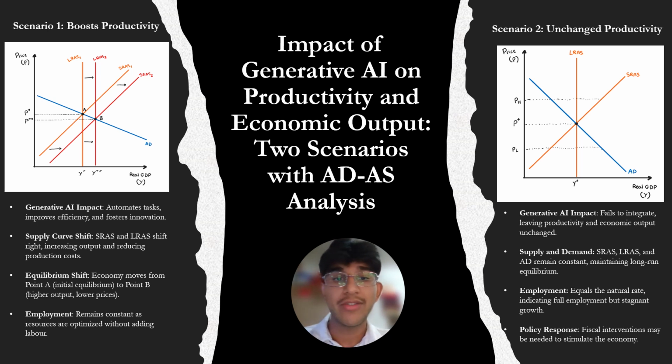With productivity remaining unchanged, the economy becomes vulnerable to external shocks such as inflation or recessions. Policymakers may need to intervene through fiscal policies to stimulate growth. These diagrams help visualize how generative AI's integration impacts economic output and price levels in the economy.